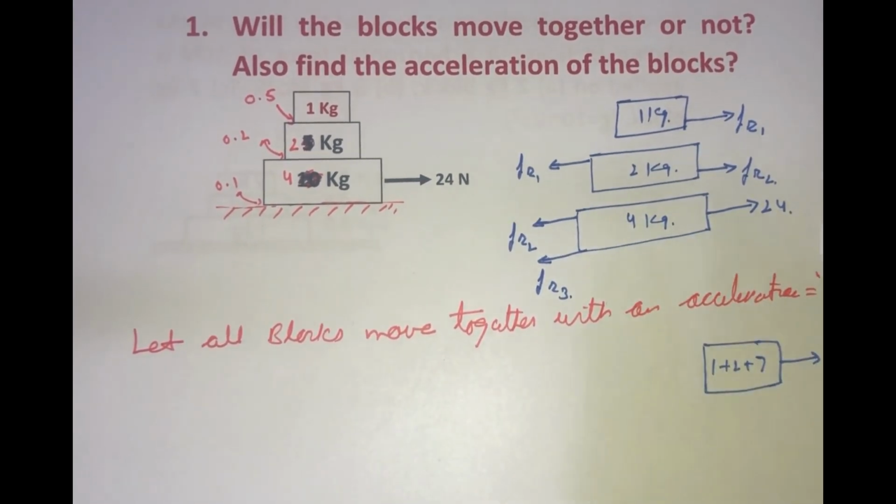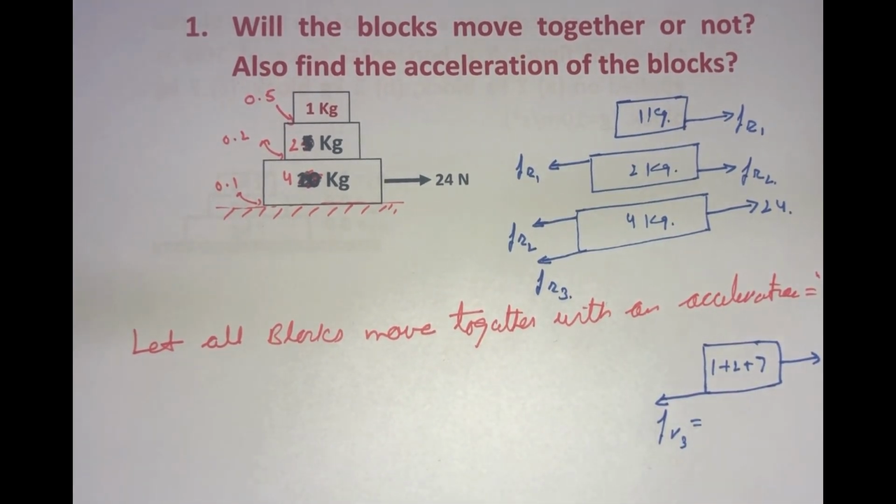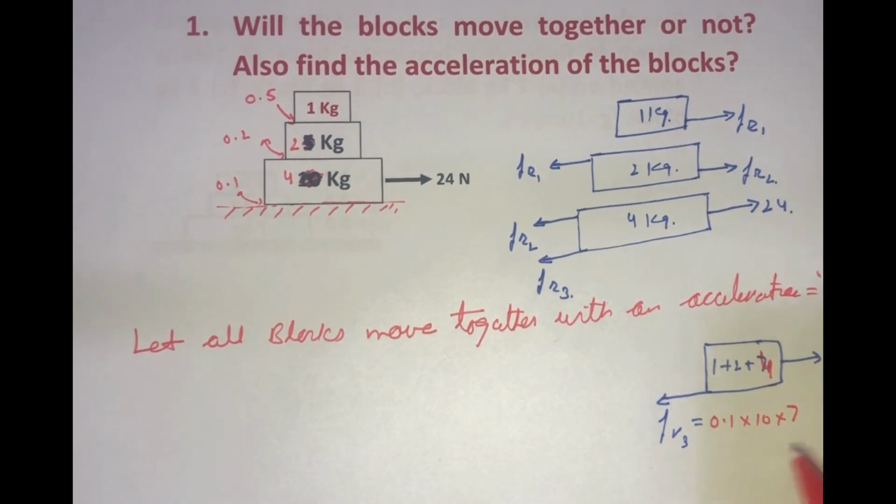And there will be a frictional force Fr3, whose value will be equal to coefficient of friction 0.1, G is 10 and mass is 7, so we get this as 7 Newton.